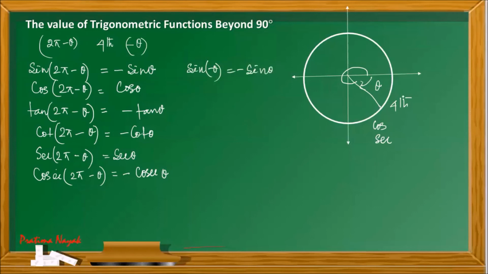What is minus theta? Minus theta means I am going in the clockwise direction, like this. Minus 30 degree, minus 60 degree, minus 45 degree. Similarly, cos minus theta is equal to cos theta. So we call cos theta an even function and sin theta an odd function.